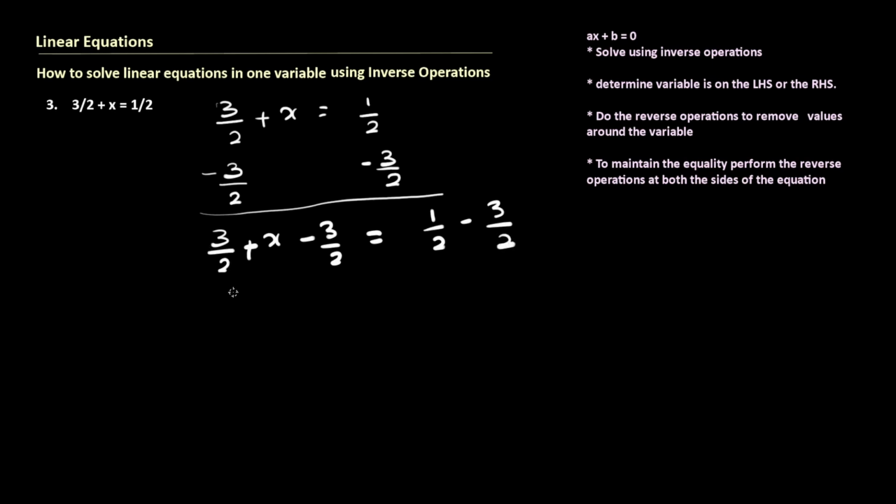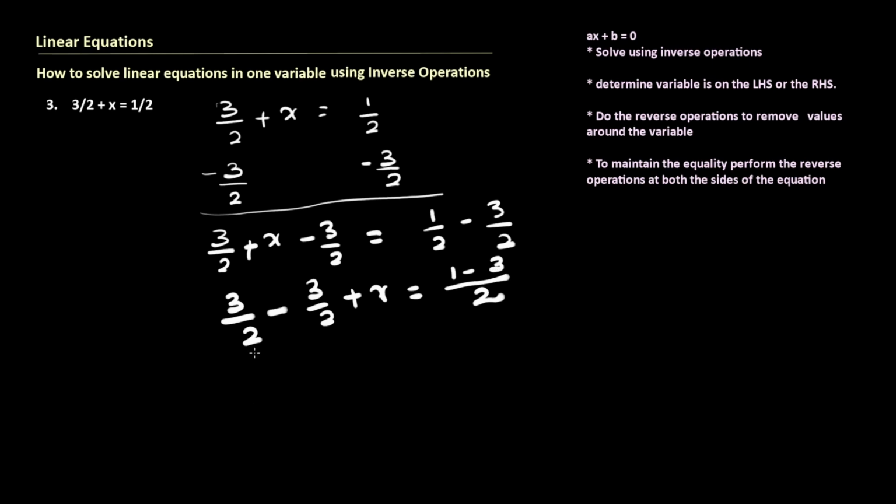Now let's again rewrite our equation, bringing the like terms together, that is bringing the constants together. That is 3 by 2 minus 3 by 2 plus x equals, on the right hand side, 2 is the common denominator, then 1 minus 3.